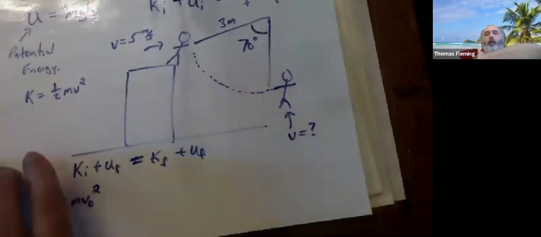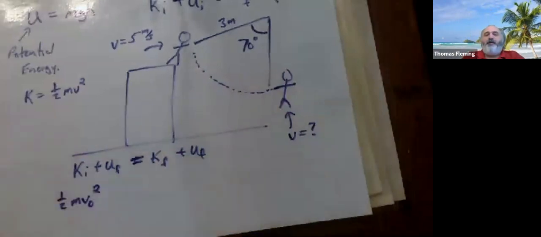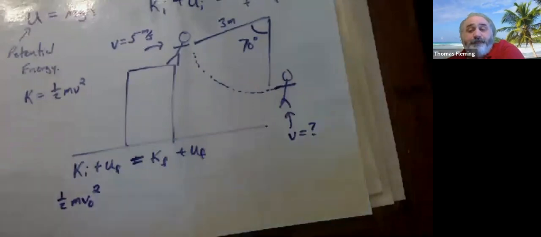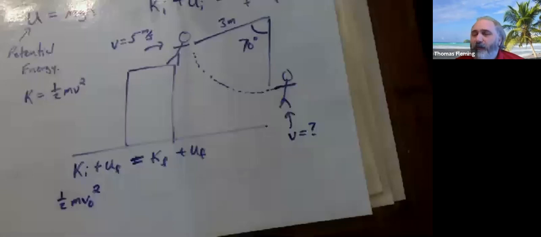So we're going to run into a little bit of an issue because we're not going to be able to figure out an actual number for his height. However, here's something that we have going for us. When it comes to this formula mgh, what we call height 0 ends up being arbitrary.